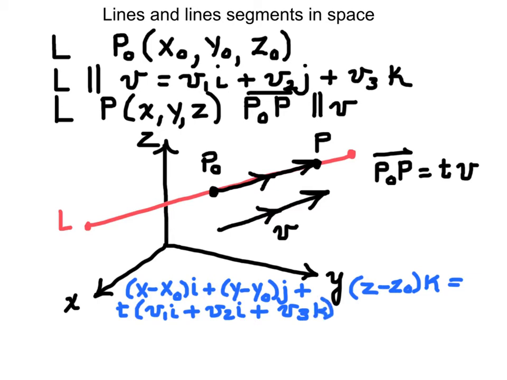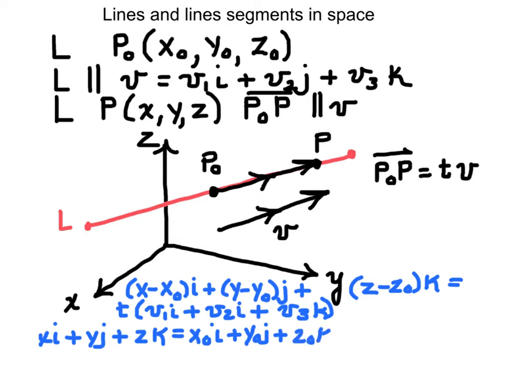This can be rewritten as follows: x i plus y j plus z k is equal to x naught i plus y naught j plus z naught k plus t times v1 i plus v2 j plus v3 k.